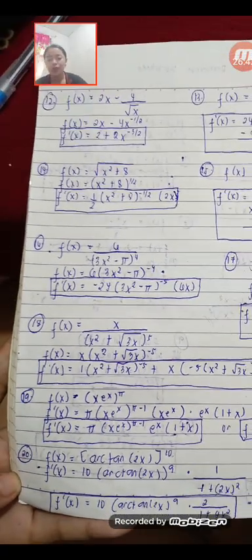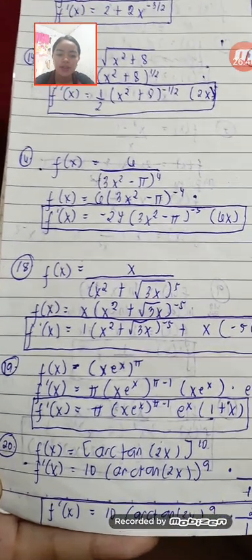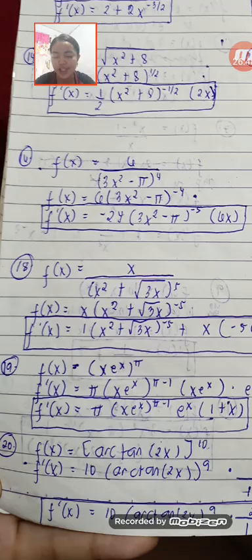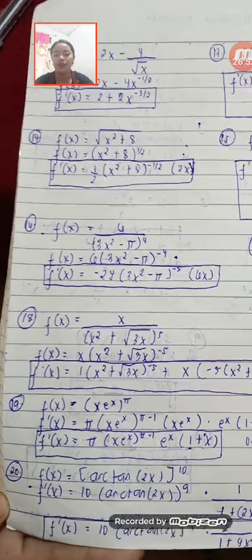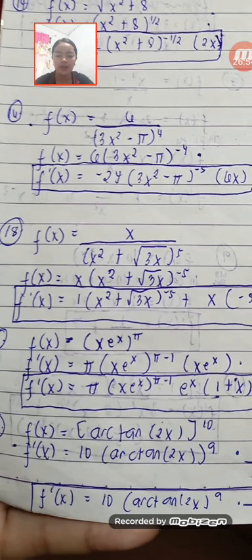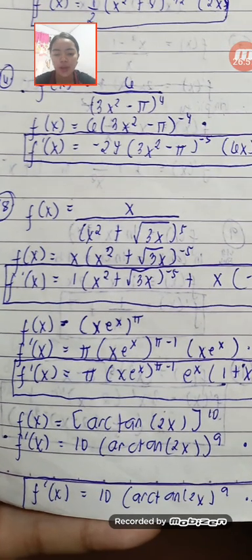Okay, so for item number 20, this video is kinda long. As long as we understand the concept, it's better than ever. So in this one, the derivative of the quantity of arctan of 2x, raised to the power of 10, we just need to bring down the 10.